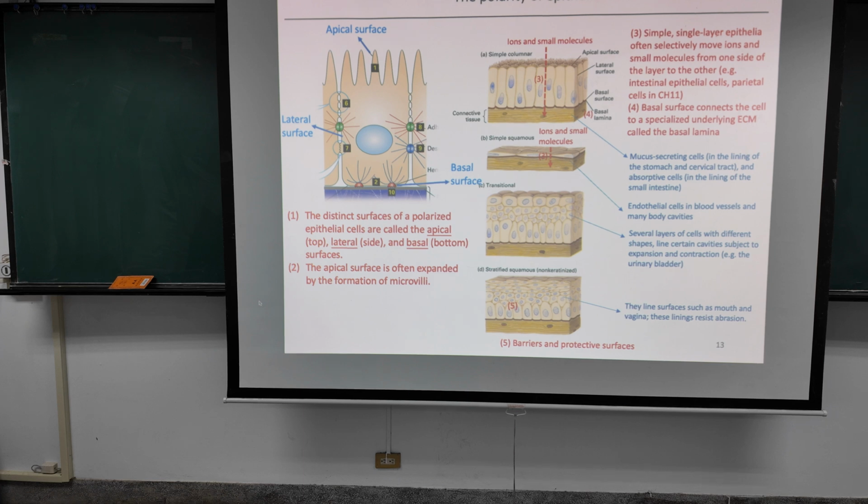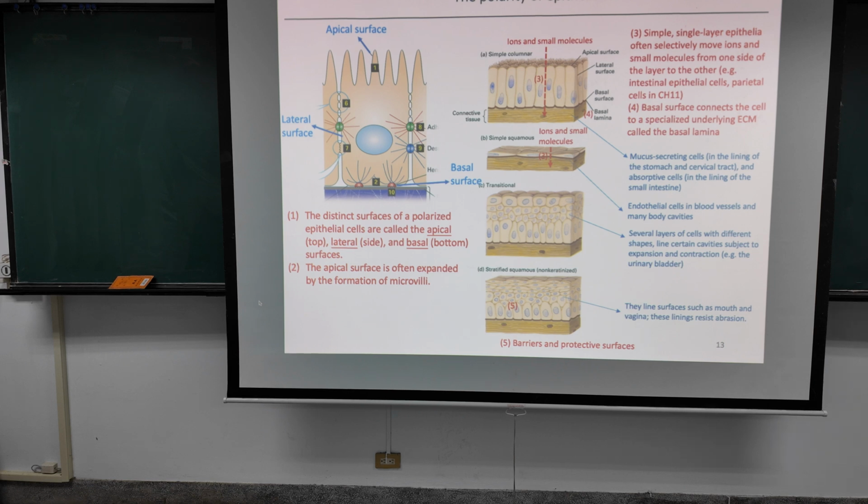This will be extended here using microtubules. Of course it will also be extended with some membrane here, but here we have a really strong actin contraction ring. After contraction, the whole cell mass will move toward the migration direction. Okay, contraction in the back, and the whole thing will move from here. So as you can see, the components here and here will be totally different. We call this cell polarity.